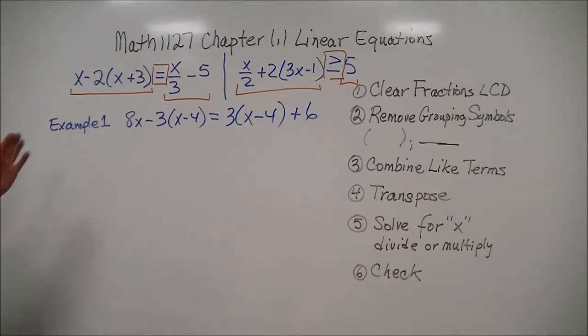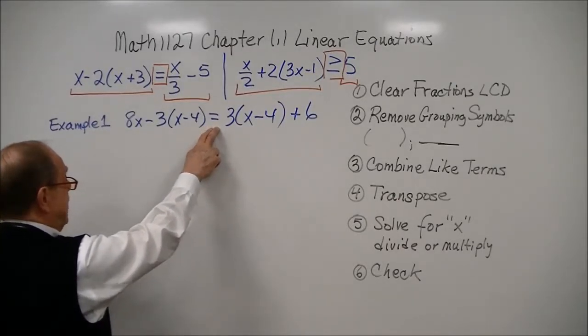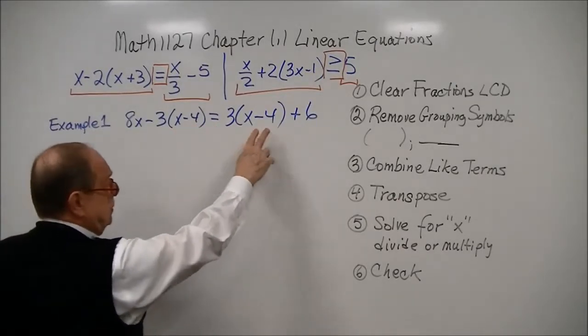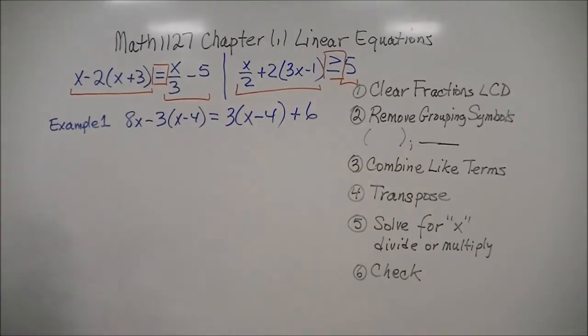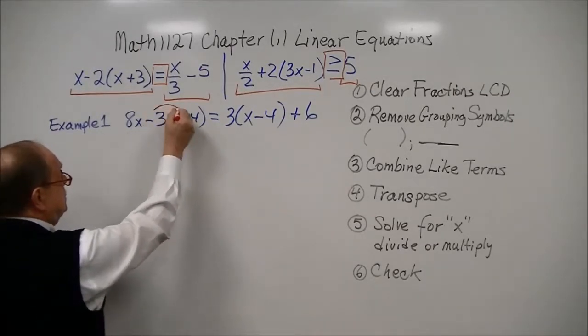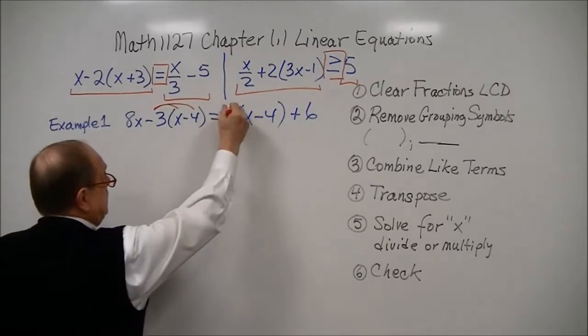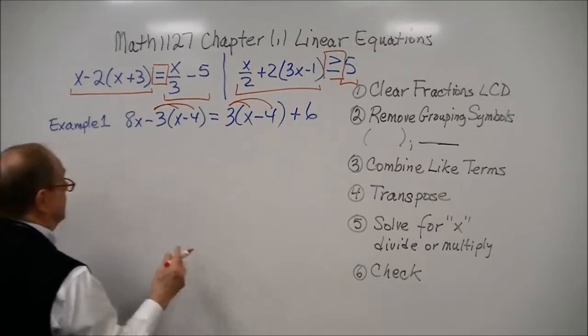So let's look at example 1 here. So we see it is an equation because of the equal sign. There are parentheses, but there are no fractions. So the first thing we're going to do is to remove the parentheses by using what we call the distributive principle. And we'll do that to both sides.